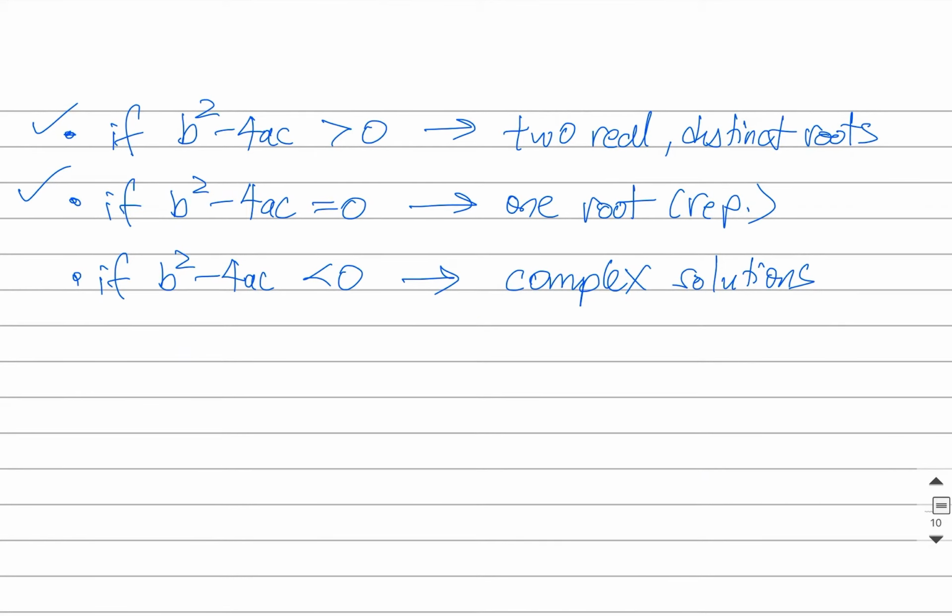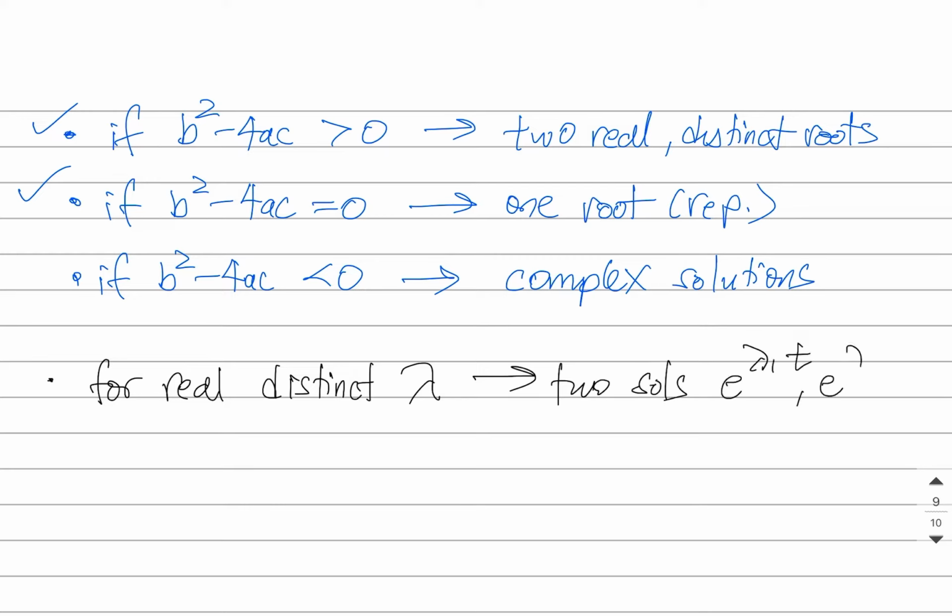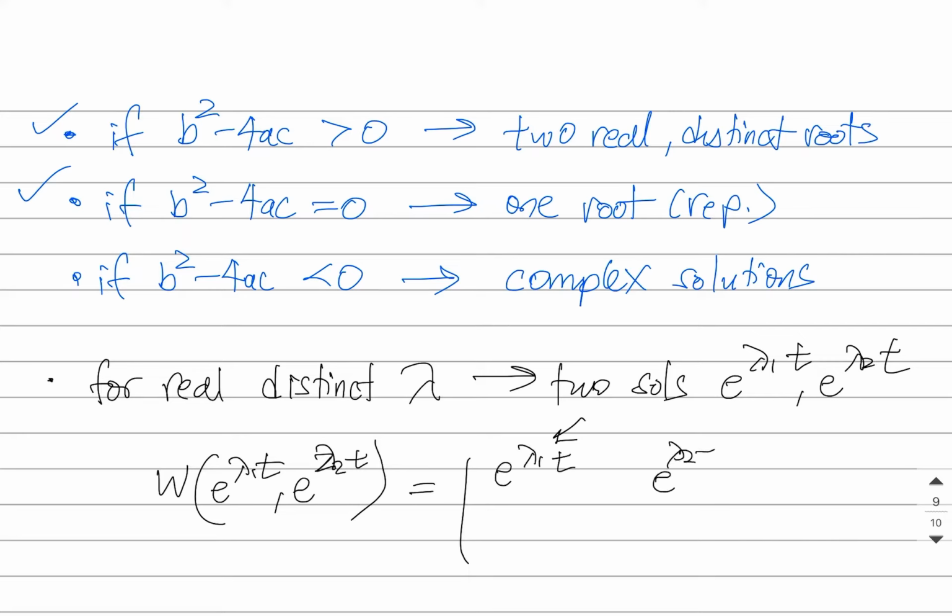Well, we've already seen what happens for real distinct lambda. You're going to get two solutions, e^(λ1 t) and e^(λ2 t). The Wronskian of these things will always be non-zero. It's very easy to check this just by using the chain rule.